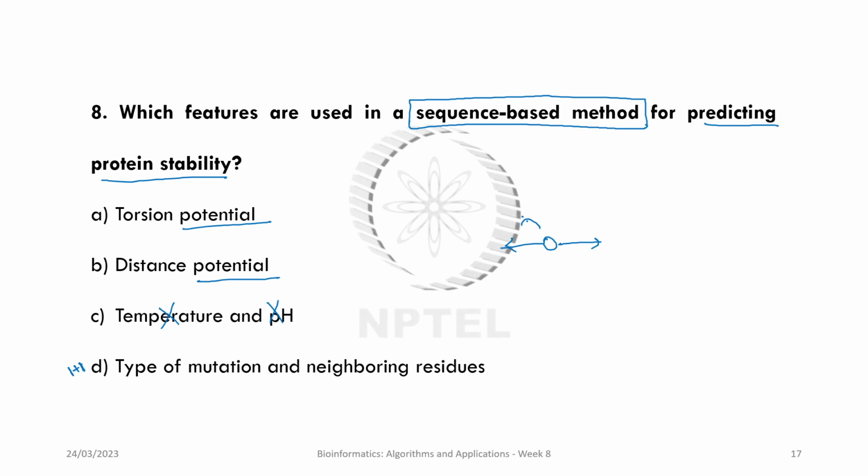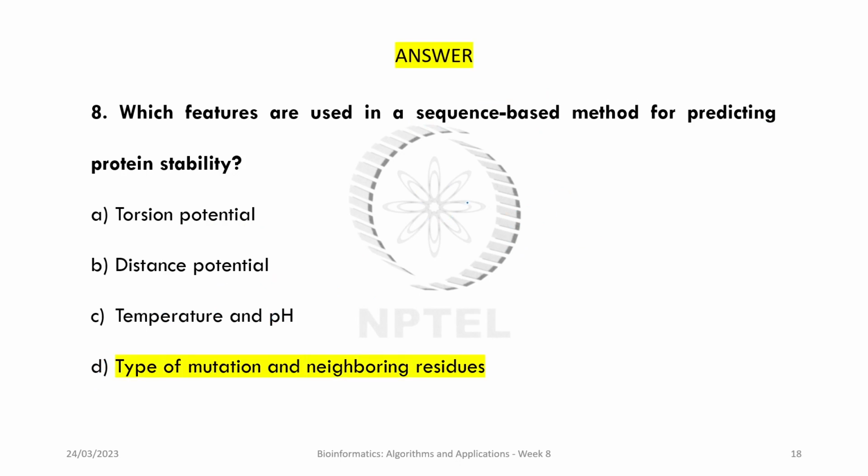It was discussed during the lectures, but I believe you all remember, and if two of you have answered right, I think you get the point, right? So the answer is option D, the type of mutation and neighboring residues.